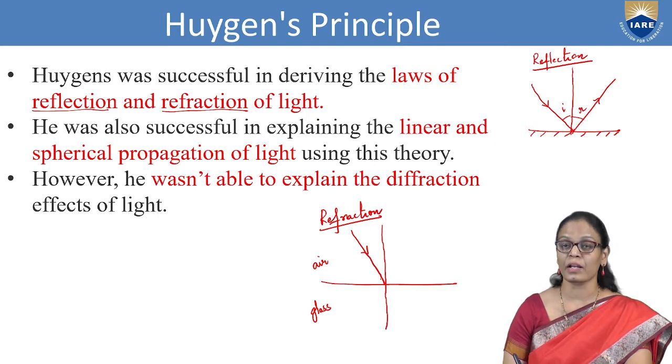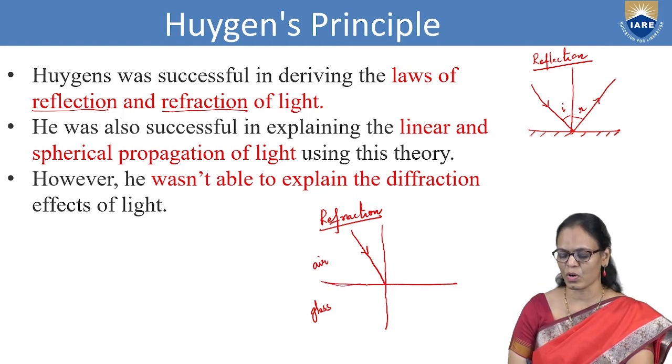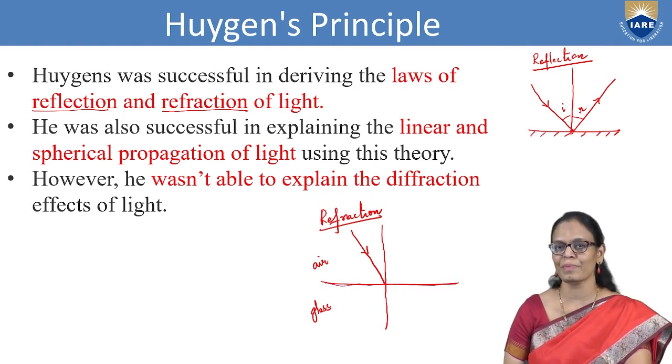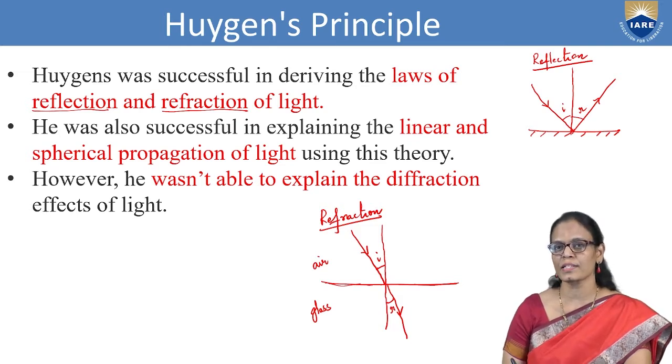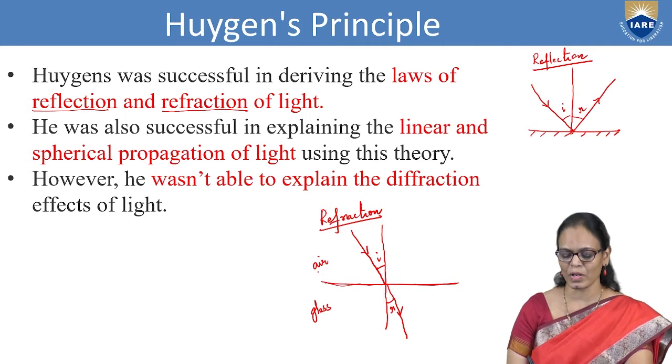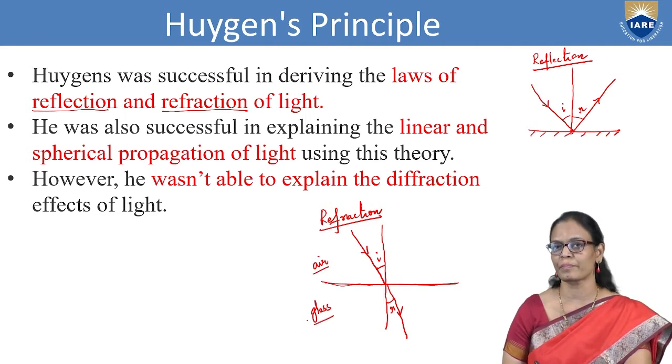When this ray goes from one medium to another at the surface of separation of the two media, the ray will bend. This is I, this is R. In this case, the ray of light bends towards the normal because it comes from a rarer medium to a denser medium.